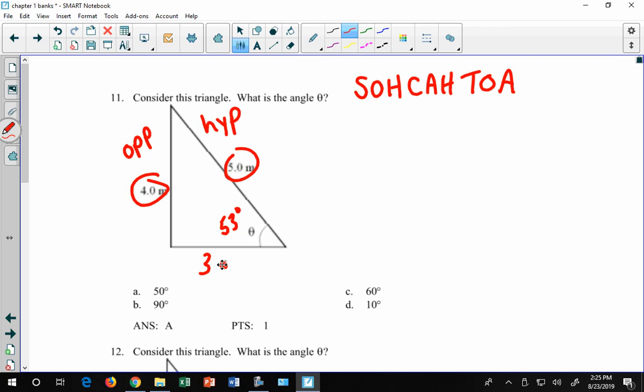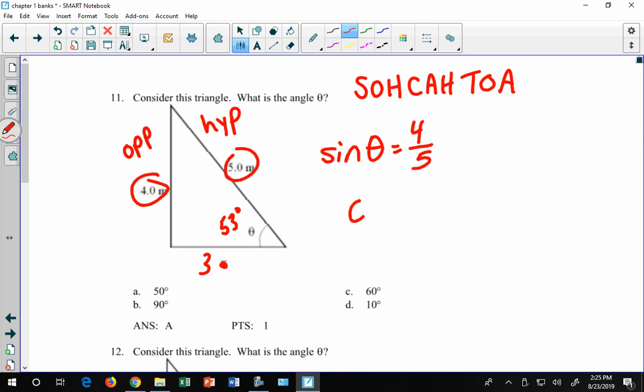You need to know that because you'll have to use any one of those trig functions to figure out the unknown side or the unknown angle. And we'll use it a lot in the coming chapters and up until next year. Like we'll use that forever. So I say sine of theta is 4 over 5.